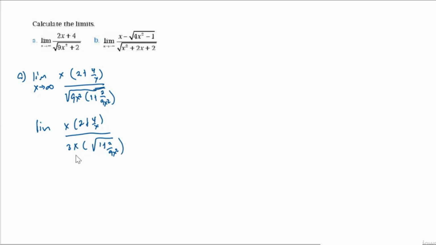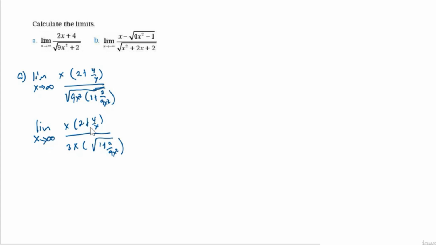Or you can also write here the absolute value of x, or just x. Now from there, we are going to apply the properties of the limits. We forgot to write there x approaches positive infinity.